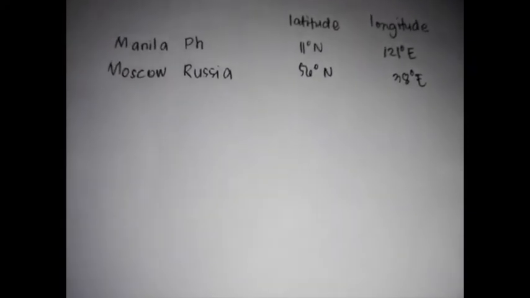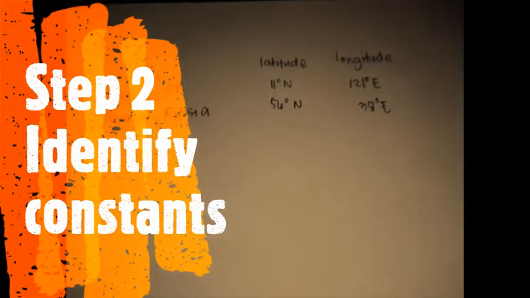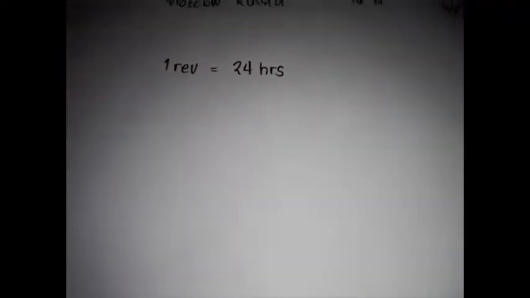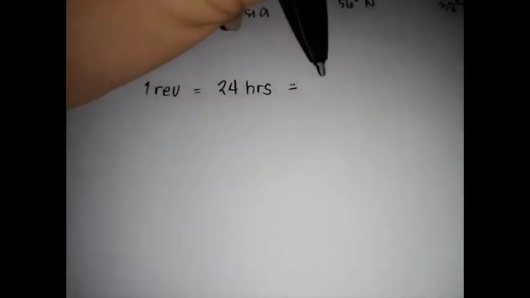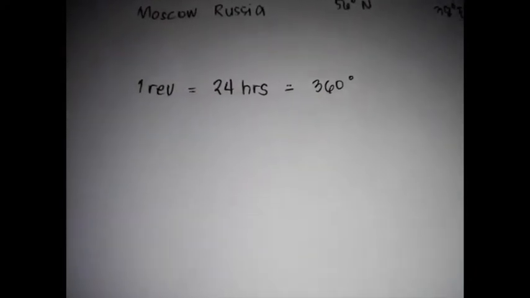The second step guys is try natin mag-set ng mga constants. In one revolution, di ba, isang araw, meron tayong 24 hours. At sa isang complete revolution, meron tayong 360 degrees.